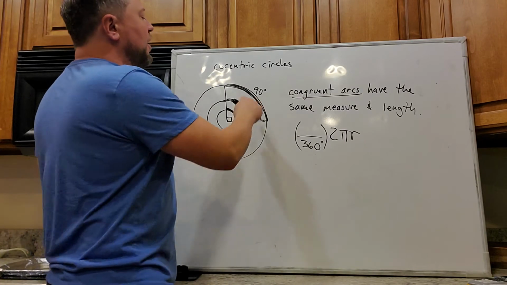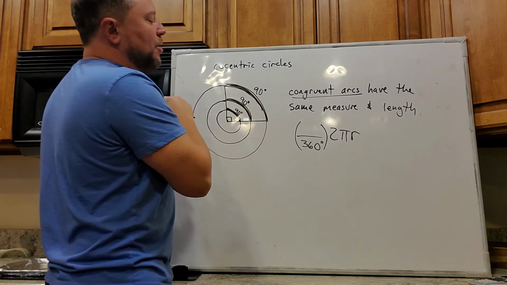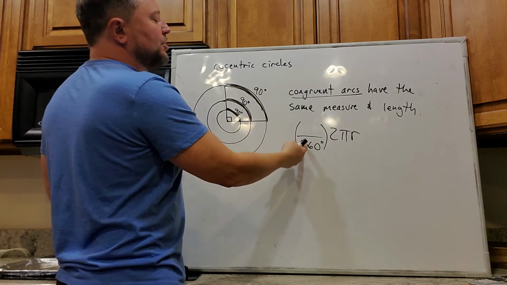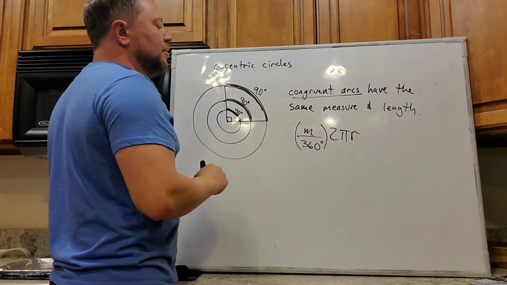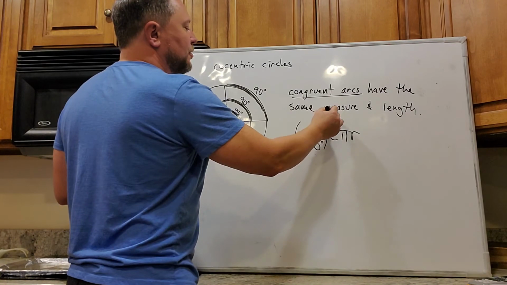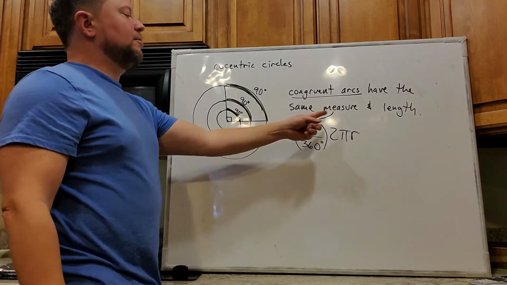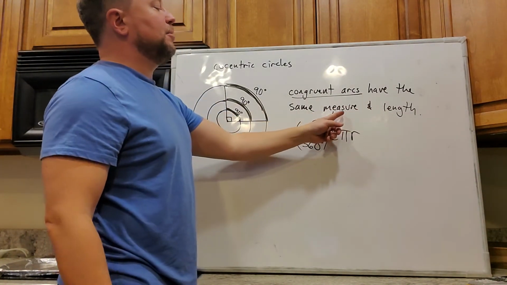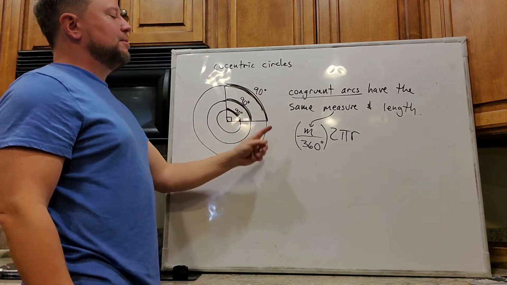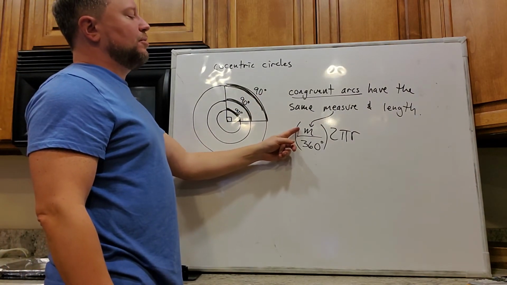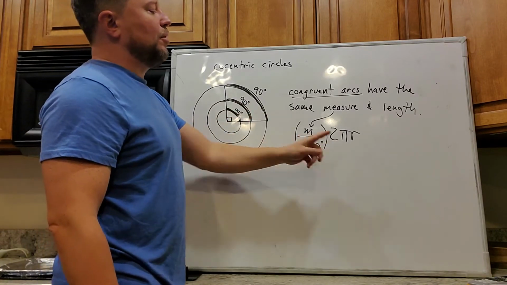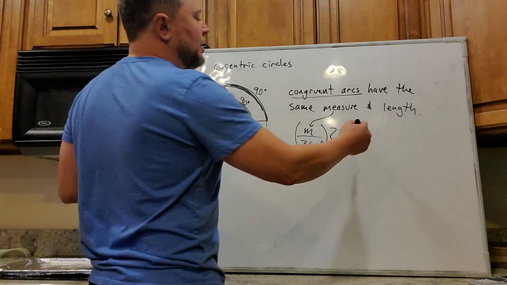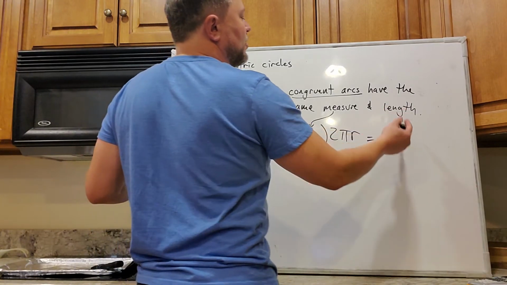So if I can figure out how many degrees my arc is, that will tell me how much of a circle I have. So I'm just going to put a little m in here for the measure that we talked about a second ago. Measure, not length, but measure, in degrees. So if you know the measure of the arc, you can divide that by 360. That tells you how much of a circle you have, and multiply that times the circumference. And that gives you then the arc length.